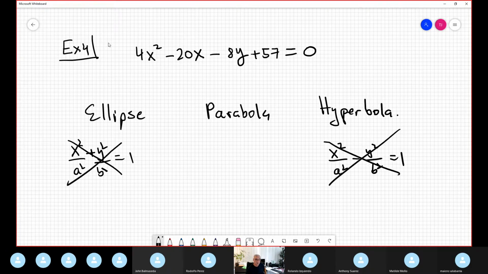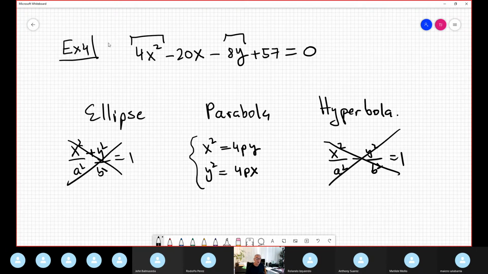The parabola is the only conic section que you have two possibilities, no? 4py or y squared equals 4px. And in this equation you see que one variable is squared and another no. In this case, x is squared and y is not squared. Maybe you ask yourself, what the hell is that? No, this is just so that you identify que parabola.